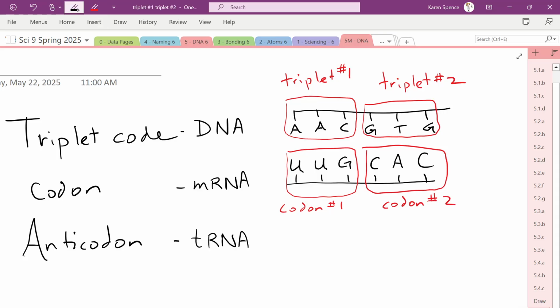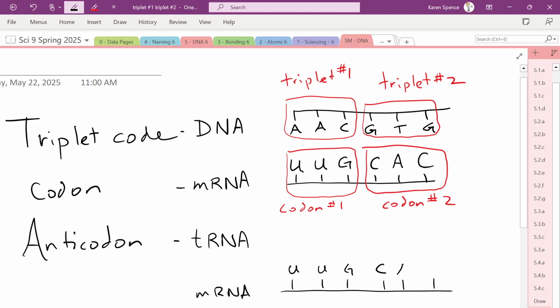Now I'm going to redraw the mRNA down here. Okay, so we have our U, U, G, and we have our C, A, C. And now we want to draw the anticodon for the tRNA.